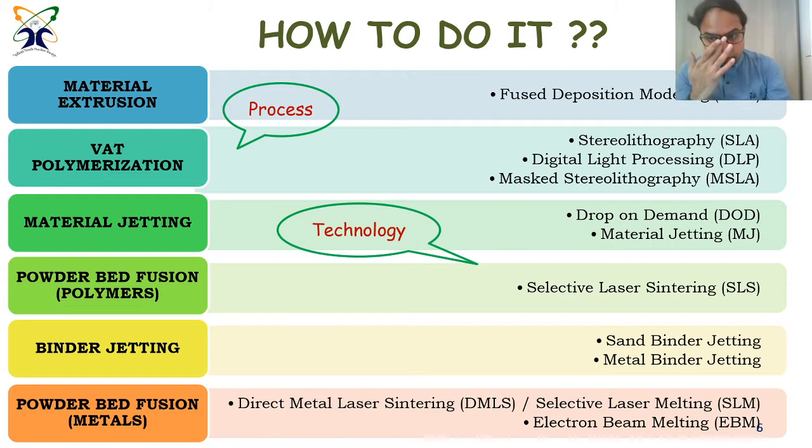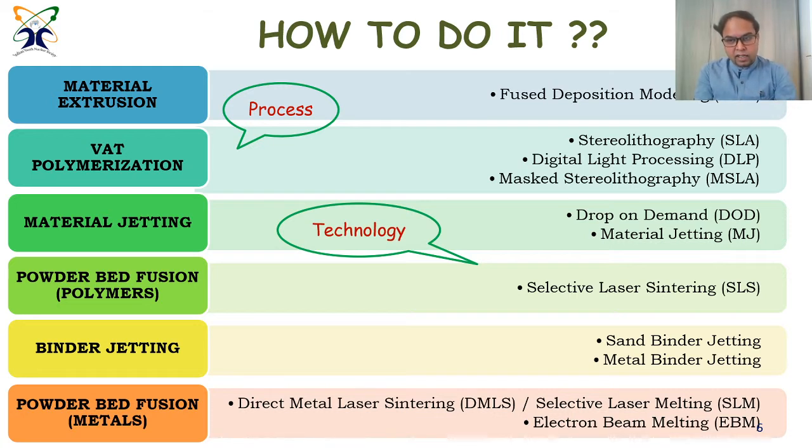And the technology, the machines or the processes which you use to do them are on your right. Namely the fused deposition modeling, which is mainly known as FDM. I'll discuss a few of them in a while.